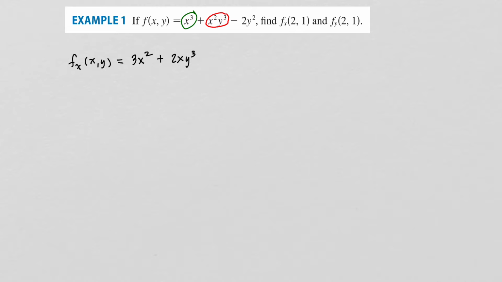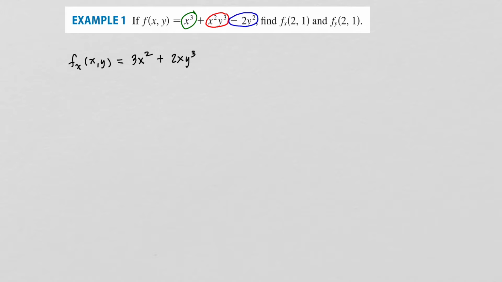Now finally, this last term here, we have negative 2y squared. The derivative of 2y squared with respect to x is 0. So the partial derivative with respect to x is 3x squared plus 2xy cubed.